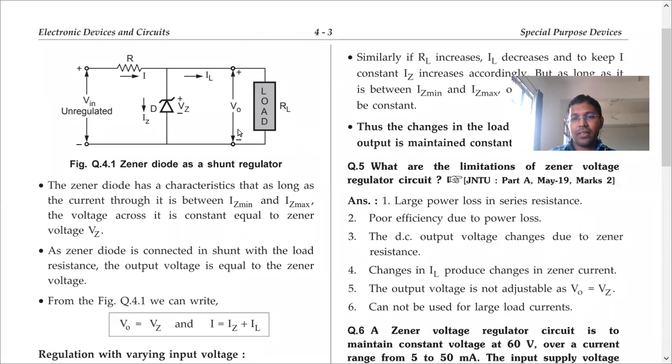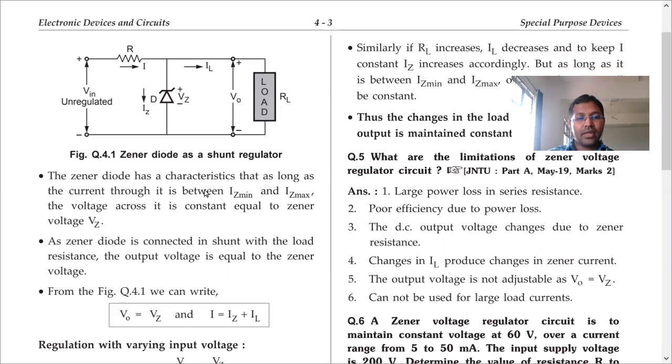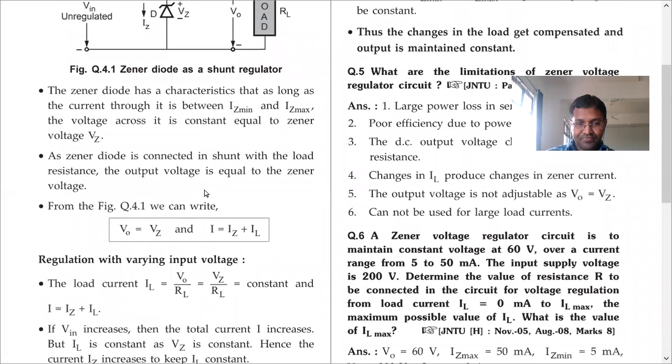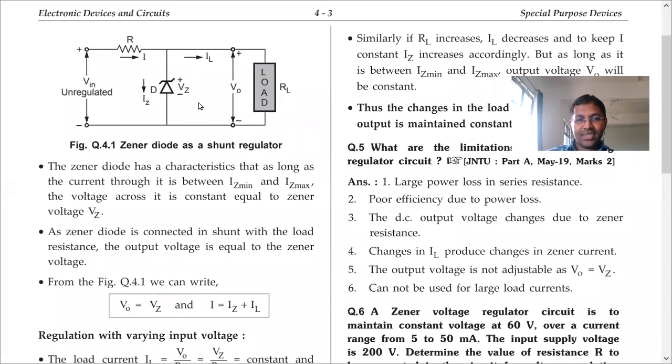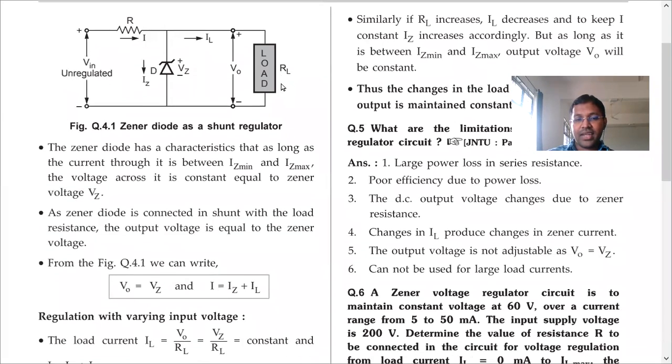Means the voltage across this RL is now constant, which is Vz. So V naught is equal to Vz. We have seen this, right? And applying KCL here, I is equal to Iz plus IL. Then IL, what is the load current? Ohm's law, V naught by RL.